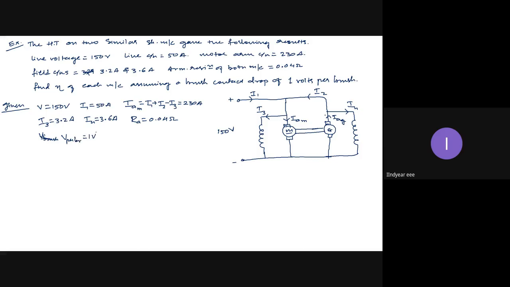So how many brushes will we be having? Generally, the number of brushes is equal to the number of poles, but here the number of poles is not mentioned. So the minimum number of brushes is 2. Okay, so consider 2 brushes.